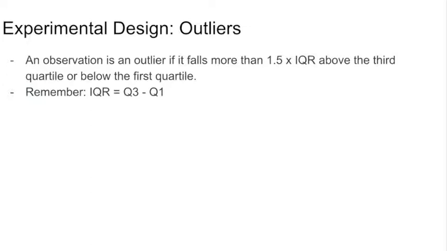It's way past the average numbers we have, or we see in a dot plot that it's way out to the left or right. Remember that the IQR is basically the third quartile subtracted from the first quartile.